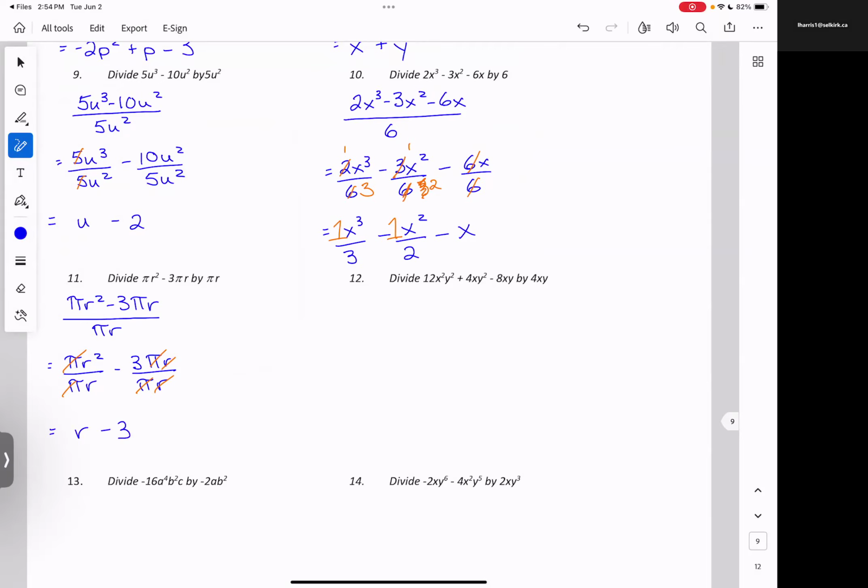Okay, number 12. Okay, so we're dividing that polynomial by 4xy. So step 1, let's split up that denominator.